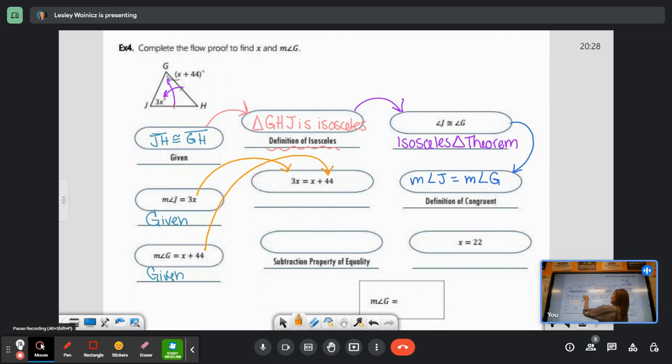Okay, and I'm using this last step because that gave me my setup for my equation, and I am substituting. Ooh, I need to write smaller. Substitution property.